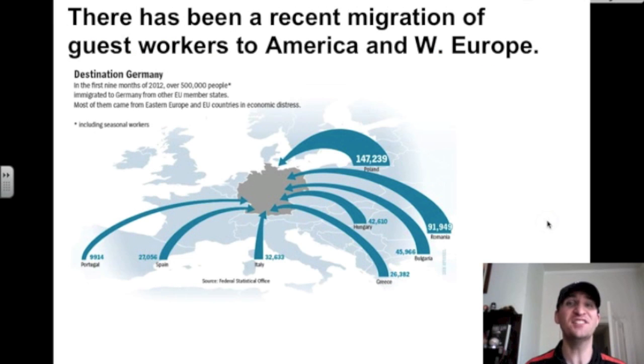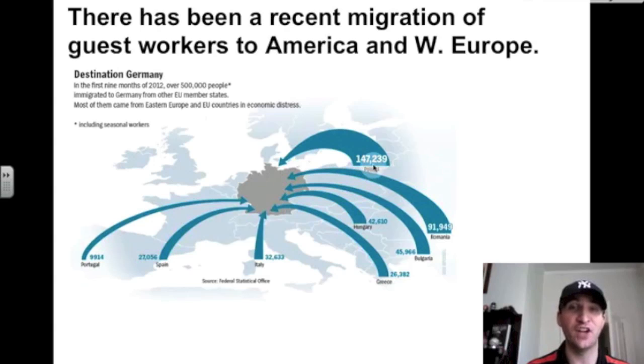There has been a recent migration of guest workers to America and Western Europe. And this example shows you Germany. And it shows you here in the center of Europe, all these blue arrows are different countries' guest workers coming in to work in Germany.